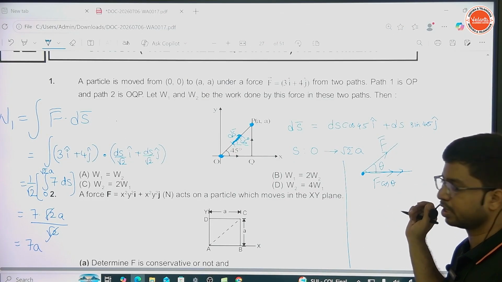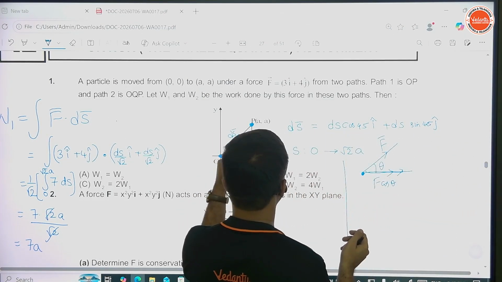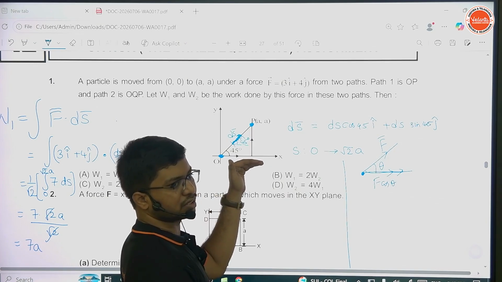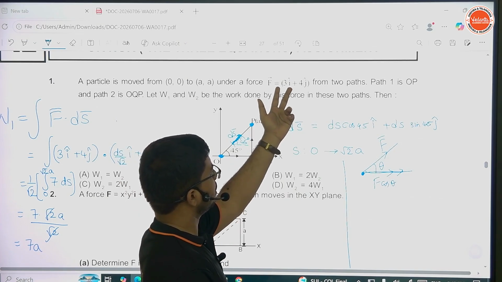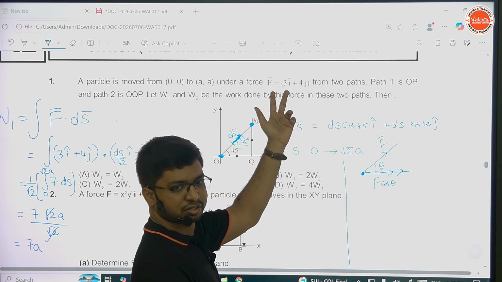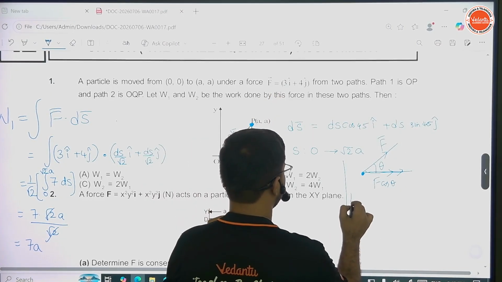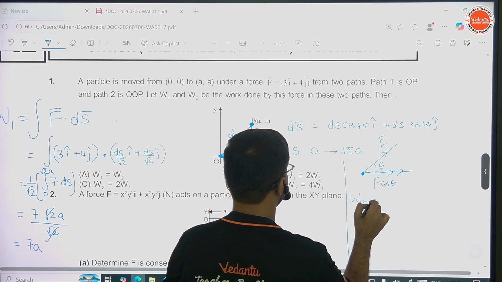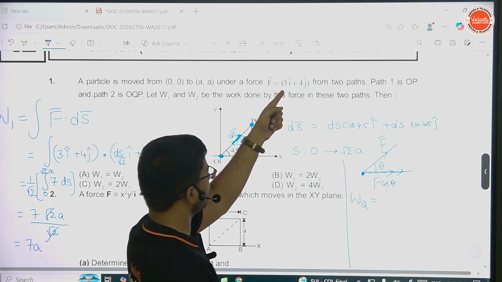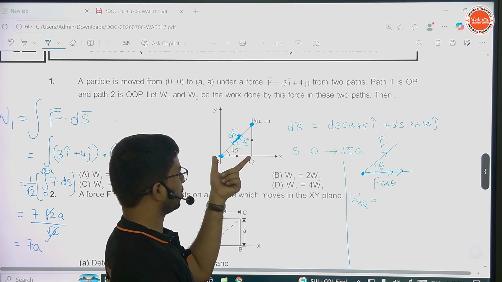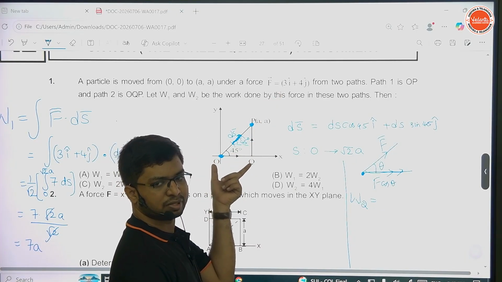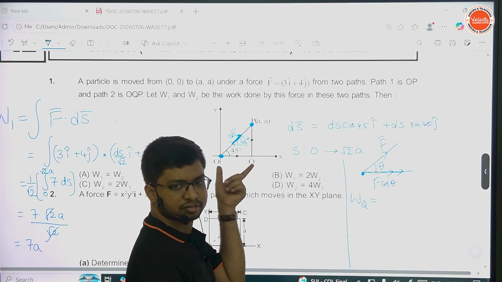Clear with this, right? Now over here, since OQ is nothing but the x-axis only, the component in that direction is nothing but 3i cap. Clear? So the work done, that is W2 over here, is equal to 3 in the direction of OQ. What is the displacement that you have? A. Right?